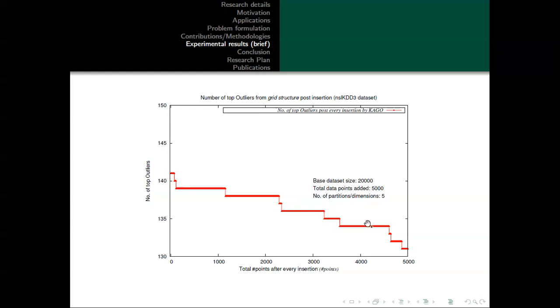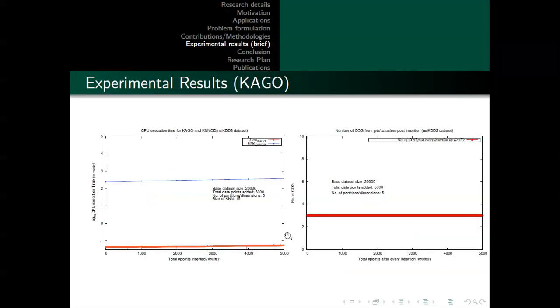So as a result, the number of outliers has kept on decreasing with increasing the number of data points. So KAGO is very much capable of finding the total number of outliers after this many insertions have been made, and it does so in a much smaller amount of time as compared to the Canard method. I highlighted the efficiency here, as this chart demonstrates.